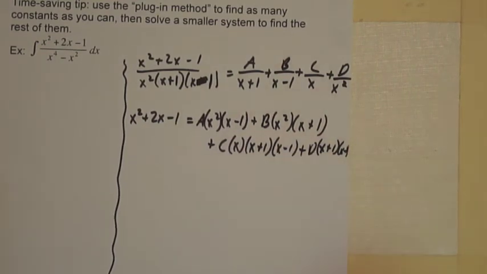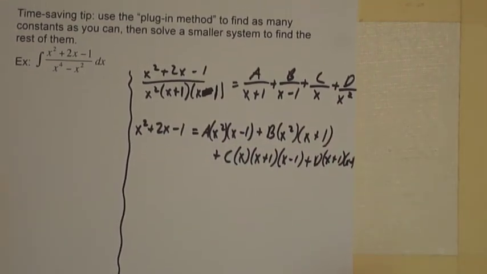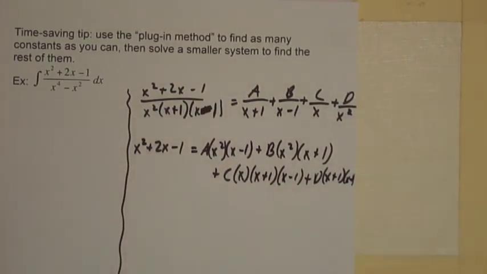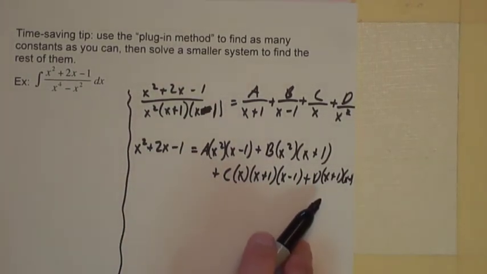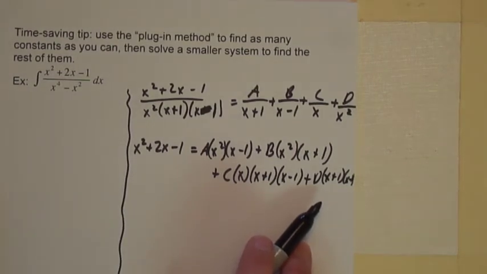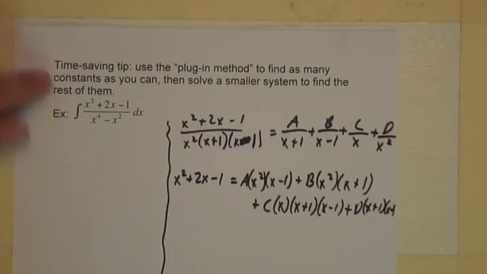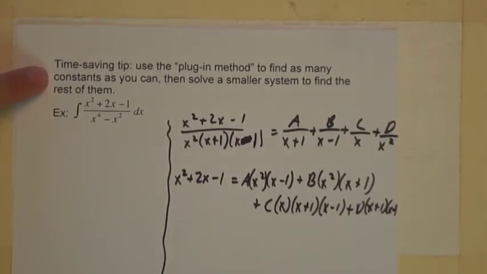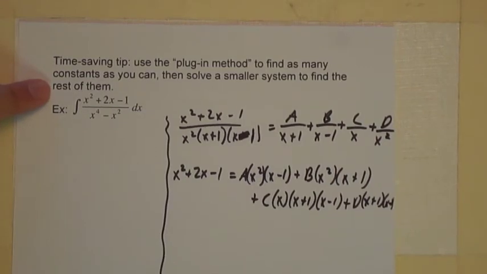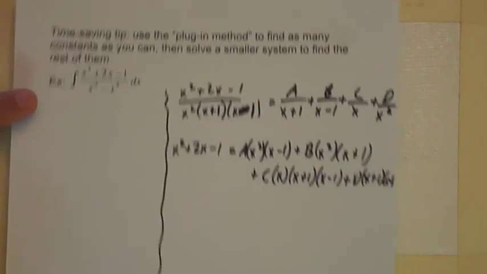So if you were going to just solve a system with this, distribute the A, B, C, and D and get 4 equations with 4 unknowns, that might take a while. And I'm afraid that on an exam you might not have time to do that. So that's why I gave this tip. Use the plug-in method to find as many as you can. You might be left with 1 or 2 of them, and you might have a smaller system.